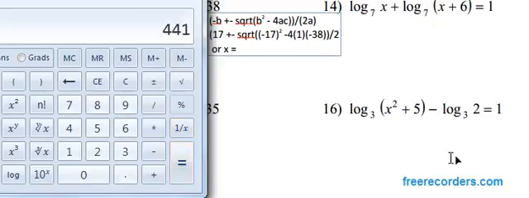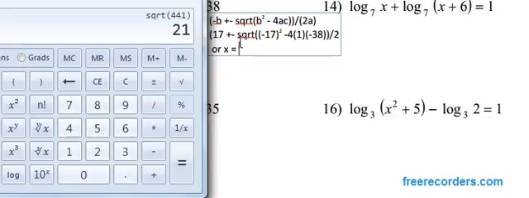And I get 441. If I take the square root of that, I get 21. Actually, I'm going to put that in memory, because I'm going to use it twice in two different equations.